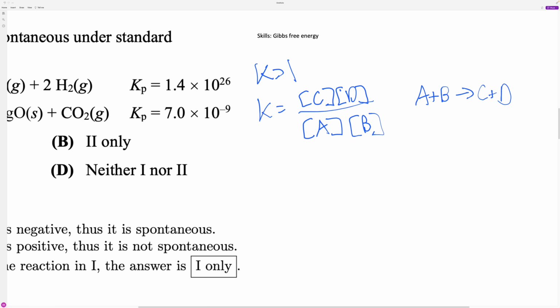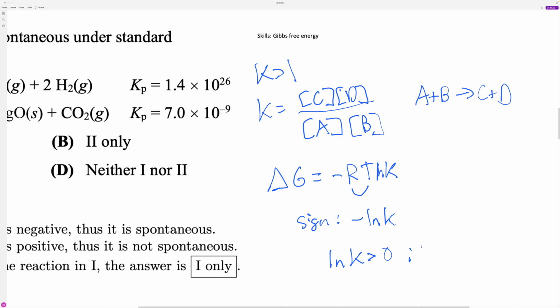However, if you want a more formal solution of it, you can look at the equation delta G equals negative RT ln K. And from here, R and T are always going to be positive, so the sign is going to come from the negative ln K. And ln K is going to be greater than 0 if K is greater than 1, and that's just coming from the ln function.